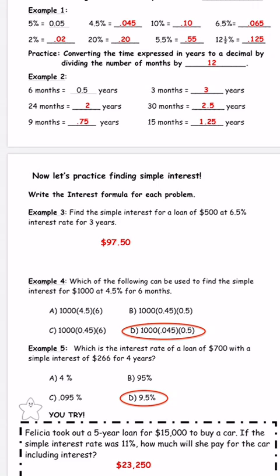The one with the percent sign is called your rate, at an interest rate for 3 years. It even tells you the years. That one is time. Principal, 500, times rate of 6.5% times 3 years.